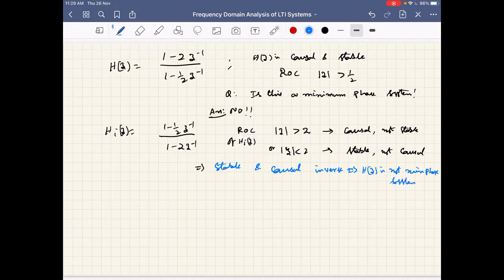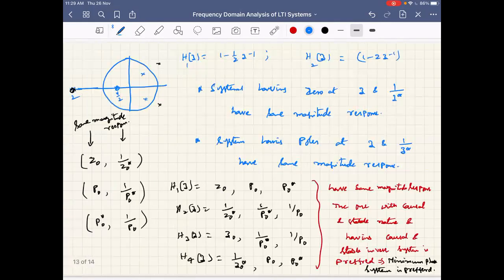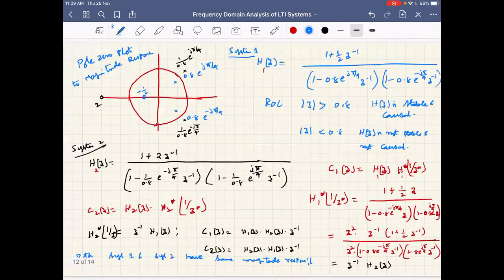Because the definition of a minimum phase system is that h of z and hi of z both have to be causal and stable. Now let us see, given this h of z, can I decompose it into a minimum phase system? We have seen that for the same magnitude response we can find more systems.